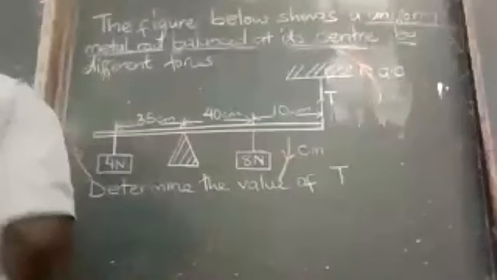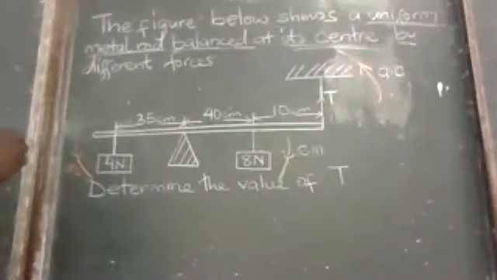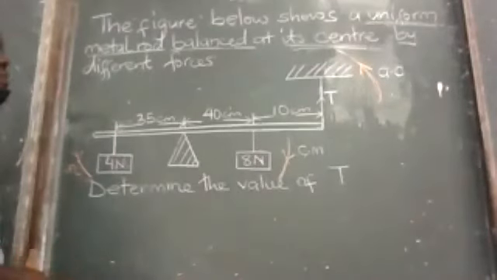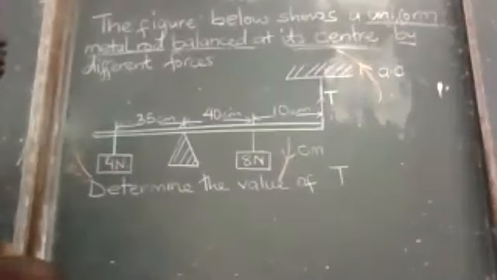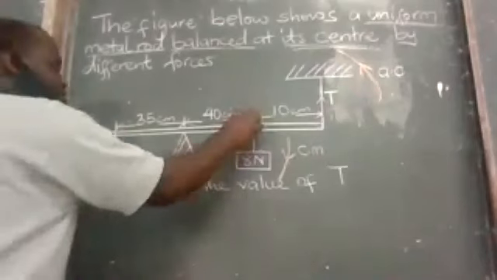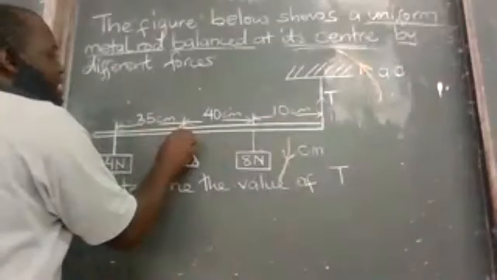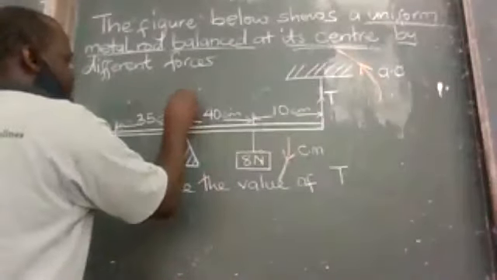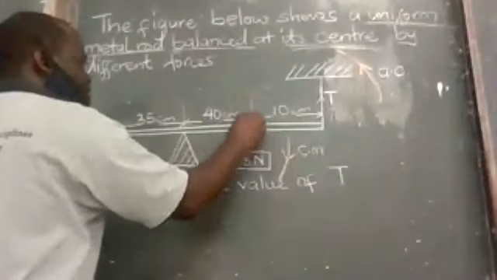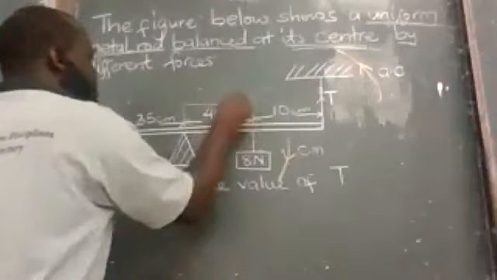Okay. After identifying them, we need the perpendicular distances from the line of action of the forces to the turning point. This one is very clear. The one for 8 newtons: who can tell us that perpendicular distance? 40 centimeters. Wonderful.